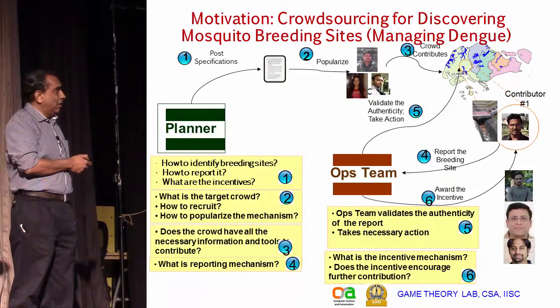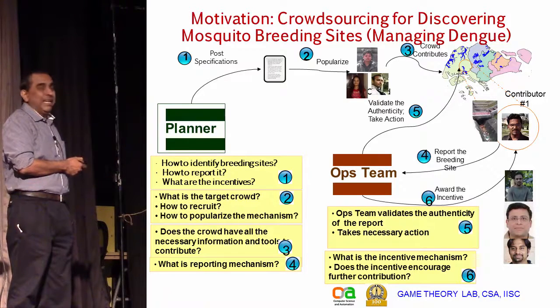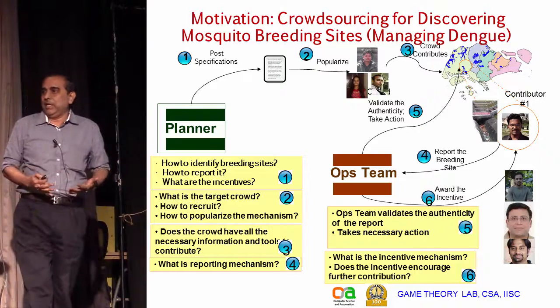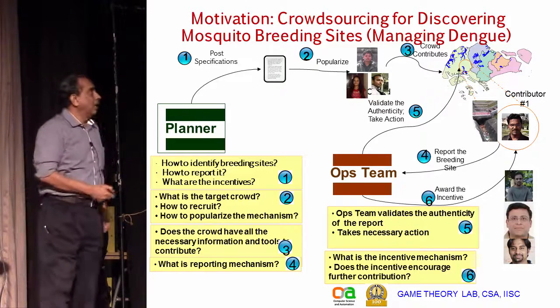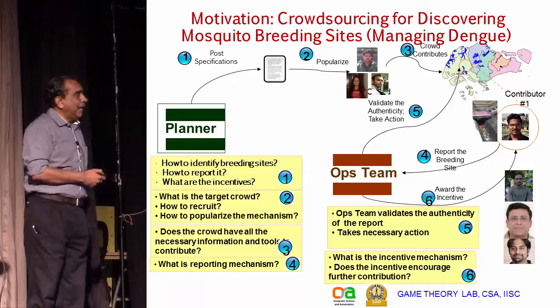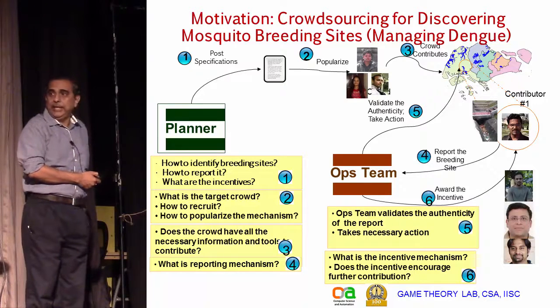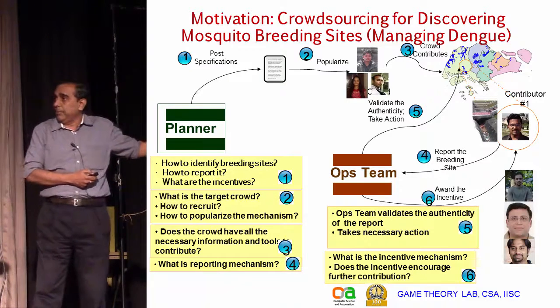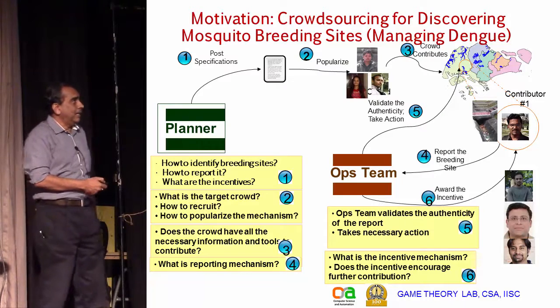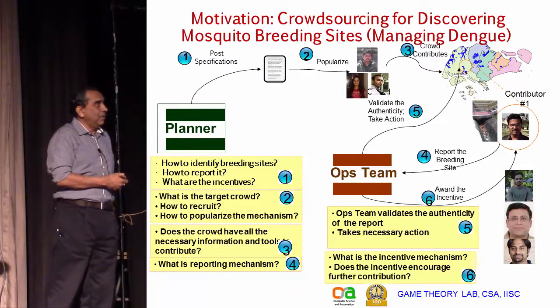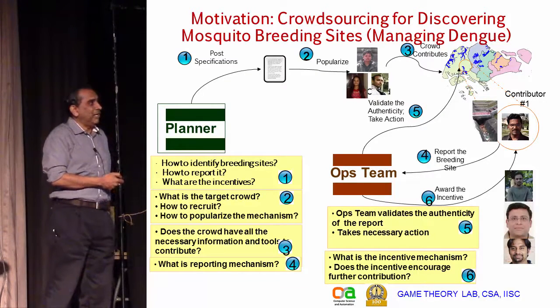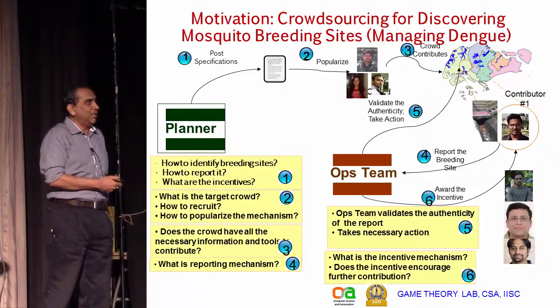First of all, you post specifications about exactly what information is required about the breeding sites. Then you have to somehow advertise this campaign to collect information about the breeding sites, and then you have to identify the crowd workers who will actually contribute to the whole thing.